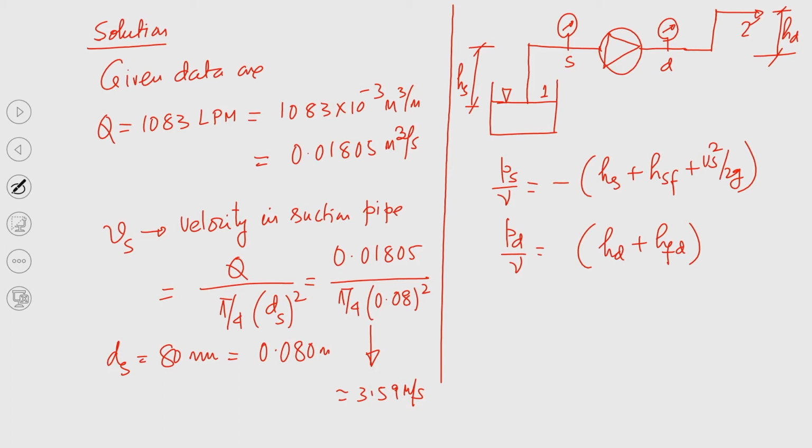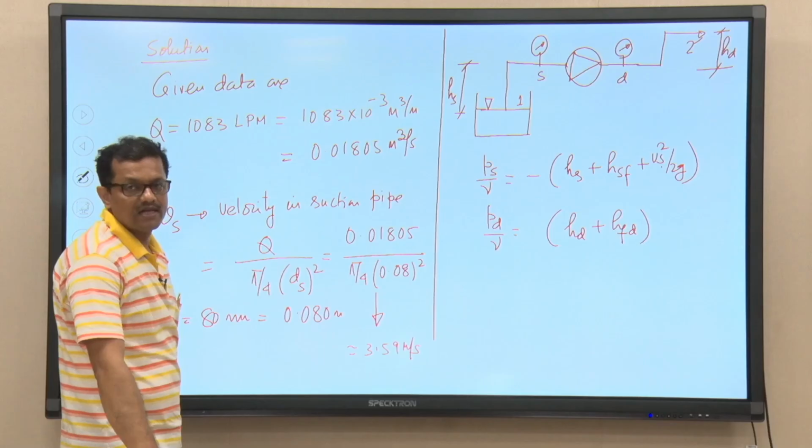This is done essentially to reduce this, so that the pressure at the pump inlet should not fall below the vapor pressure, because this is the negative pressure. If it is reduced, then this will be a relatively less negative value, and that will prevent the pump from the undesirable phenomenon, that is cavitation.